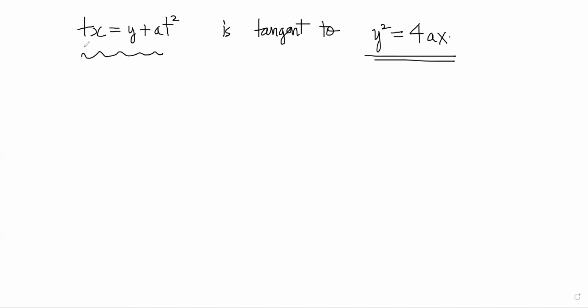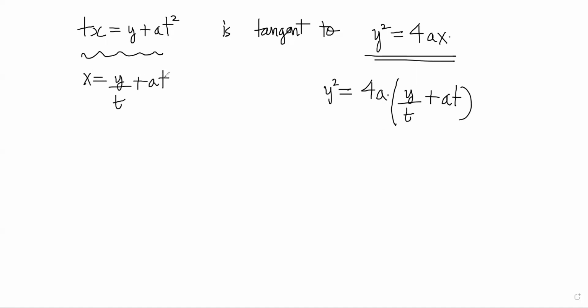What we can do is simply solve the line and the curve equation and say that the discriminant should be equal to 0. So I'll say y² = 4a, and instead of x, I can write y/t + at, because from here I'm getting x = y/t + at.